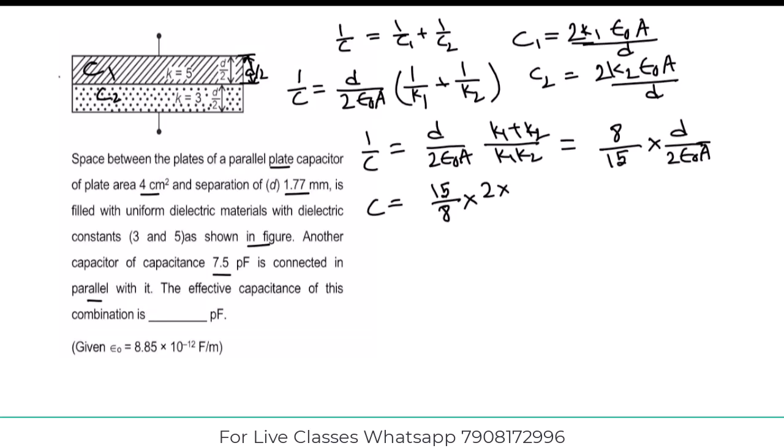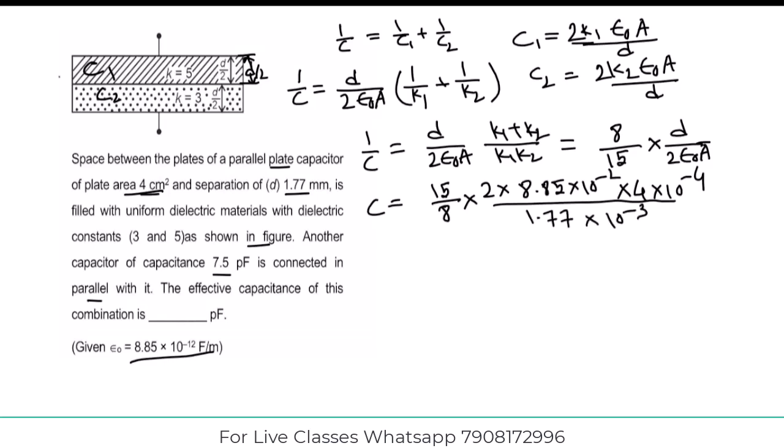Put the value of ε0, 8.85 × 10^-12, twice ε0, and the area is given as 4 cm², that is 4 × 10^-4 m², divided by d, which is given as 1.77 millimeter, that is 1.77 × 10^-3. If we calculate this value, it becomes 7.5 × 10^-12 farad. This is equal to 7.5 picofarad.